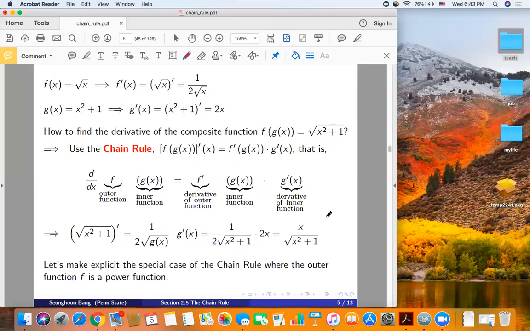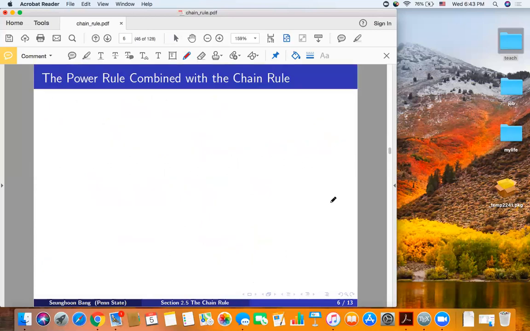Here, we think about a special case. This is very useful: the power rule combined with the chain rule. F of x equals x to the power n. F prime of x equals n times x to the n minus 1. F of g of x prime is f prime of g of x times g prime of x.